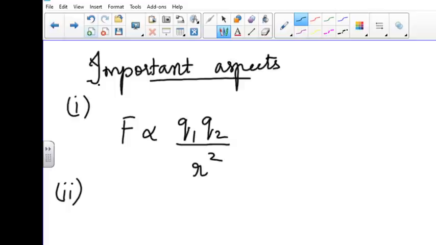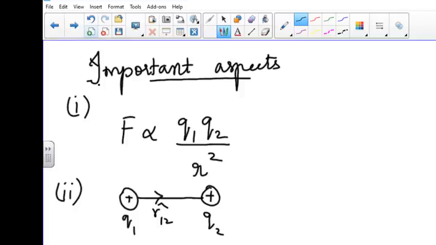Along the line joining the two point charges. If you take charges q1 and q2, then r12 cap is the unit vector pointing from q1 to q2.